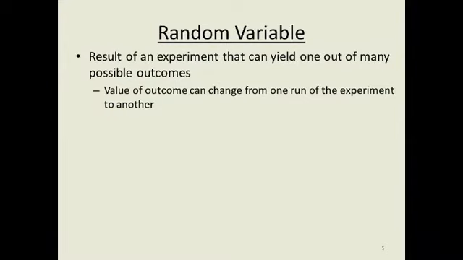All right. So what is a random variable? It's a very simple definition. Basically, it's the result of any experiment that can yield one out of many possible outcomes. If you have a variable that says x equals 5, then you know exactly what the value of x is. But if I tell you, hey, I'm going to flip a coin, and the outcome of that is my variable, guess what?